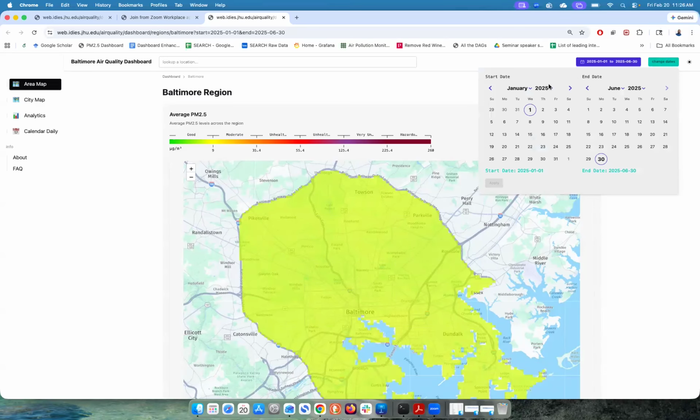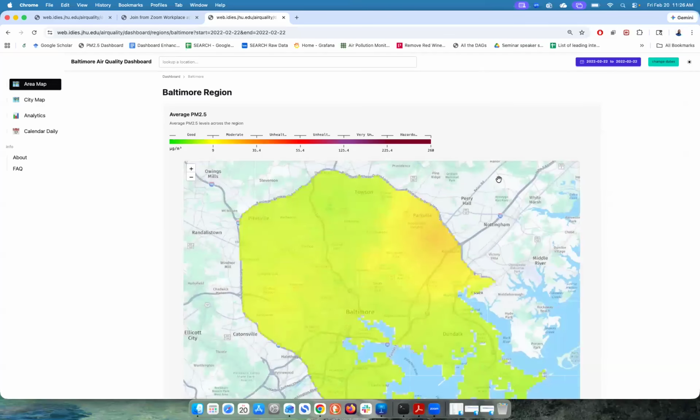And that is very typical of Baltimore. But then there are some days where you do see strong gradients in the city. So let me pick one such day. This was February 22nd in 2022.